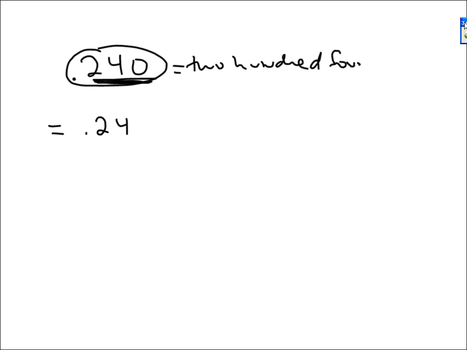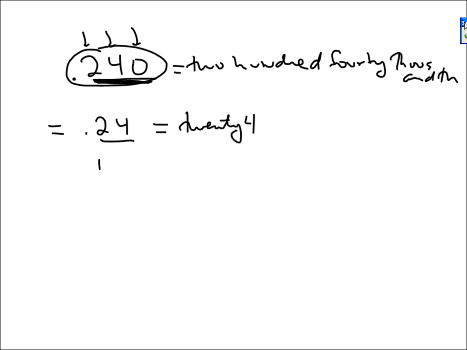Tenths, hundredths, thousandths. 240 thousandths. Or, that's 24. Tenths, hundredths. Excuse me. 24 hundredths. Two ways of reading it.